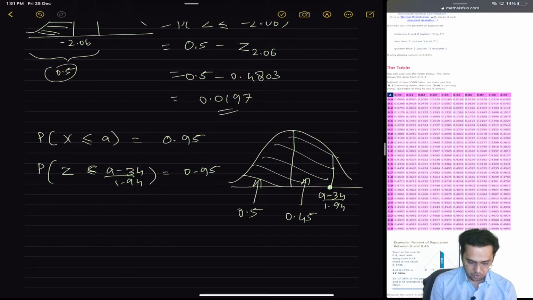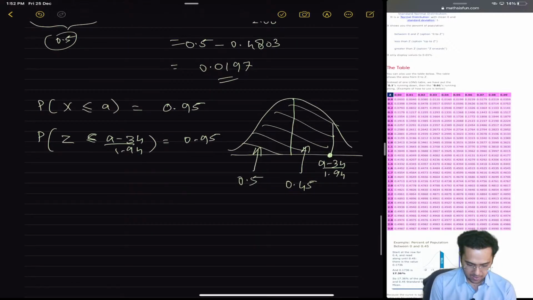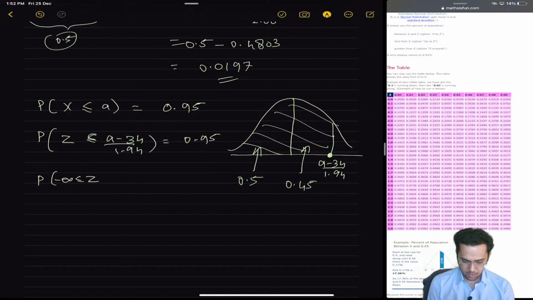So I need to write this thing as probability of z from minus infinity till 0 plus probability of z from 0 to a minus 34 upon 1.94 is 0.95.